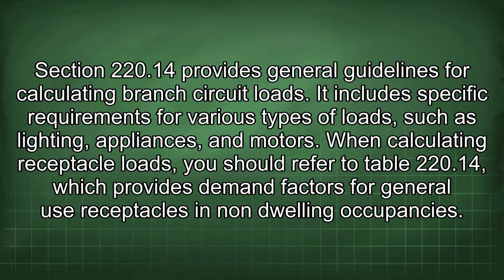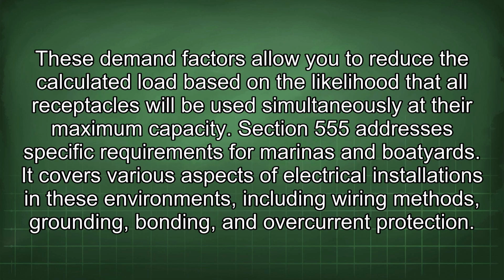It includes specific requirements for various types of loads, such as lighting, appliances, and motors. When calculating receptacle loads, you should refer to Table 220.14, which provides demand factors for general use receptacles in non-dwelling occupancies. These demand factors allow you to reduce the calculated load based on the likelihood that all receptacles will be used simultaneously at their maximum capacity.